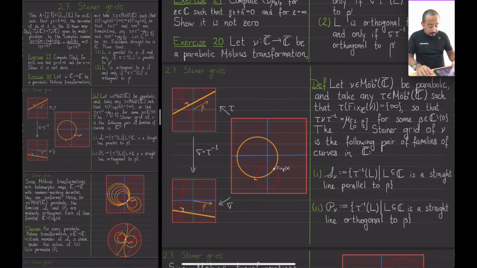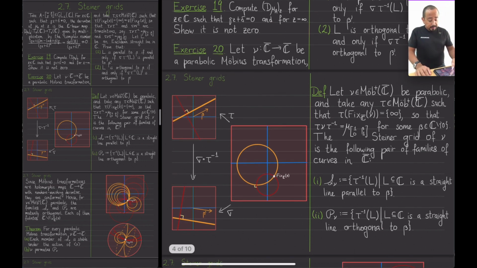What I want you to show is that whenever I take a line parallel to beta, sigma tau inverse sends it to a line parallel to beta prime. Why am I doing this? Because this means that it doesn't matter whether I choose to use tau or sigma. I get a well-defined family of curves passing through the fixed point.